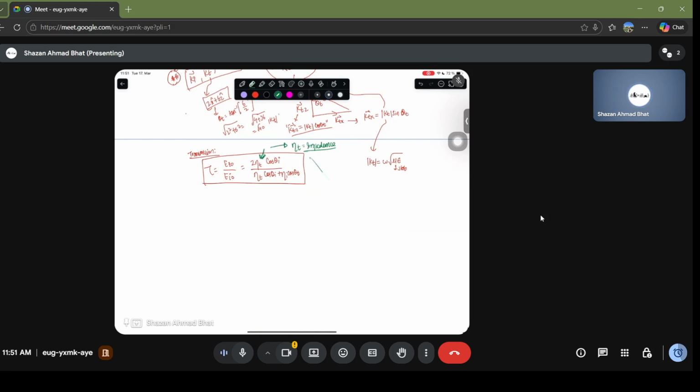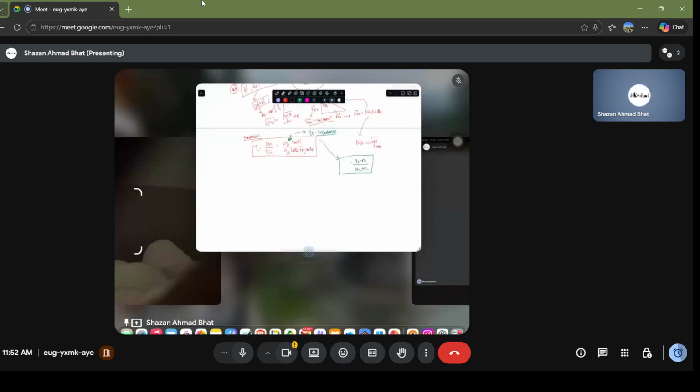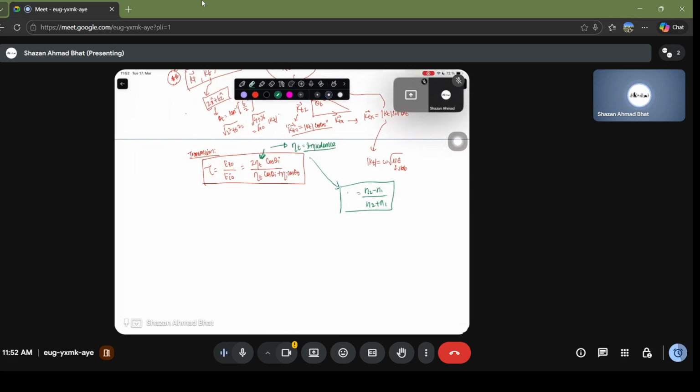So the eta t can be obtained, which is basically the impedance faced by the electromagnetic wave, and the impedance faced is basically the difference of the refractive index divided by the sum of the refractive index. Now, essentially, this is basically the reflection coefficient. Sorry, so this is basically the reflection coefficient, not the intrinsic impedance.